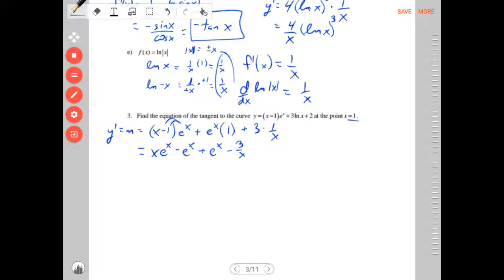And something really interesting happens here, because the negative e to the x and the positive e to the x just cancel. So we end up with x e to the x minus 3 over x. So that is our derivative, which is also the general equation of the slope of the tangent line. Okay, looks good.